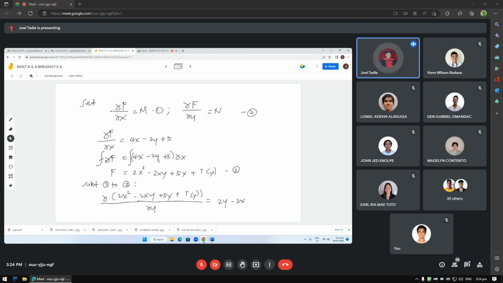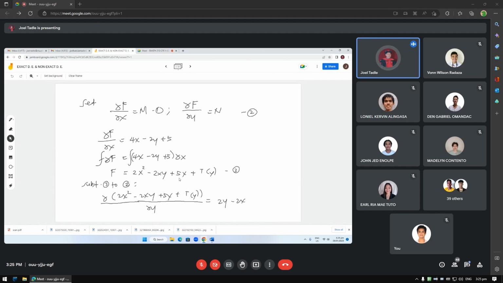Then, ang second term, integral of negative 2y partial derivative of x is negative 2xy. Atong i-consider nga ang 2y is constant. So, move out na nato. Then, integral of partial derivative of x is x. So, negative 2xy. Then, ang third term, constant man na siya.